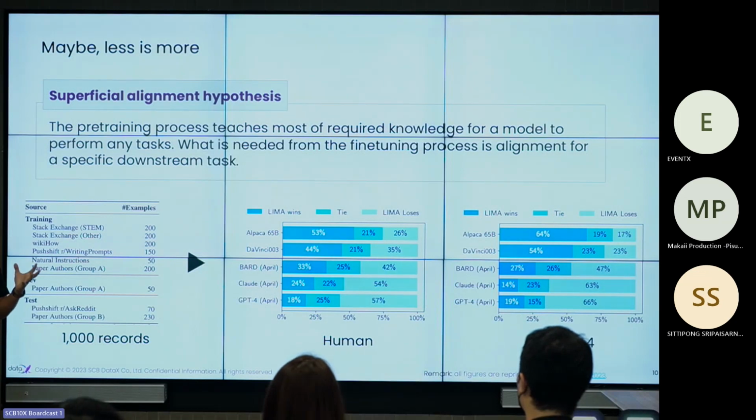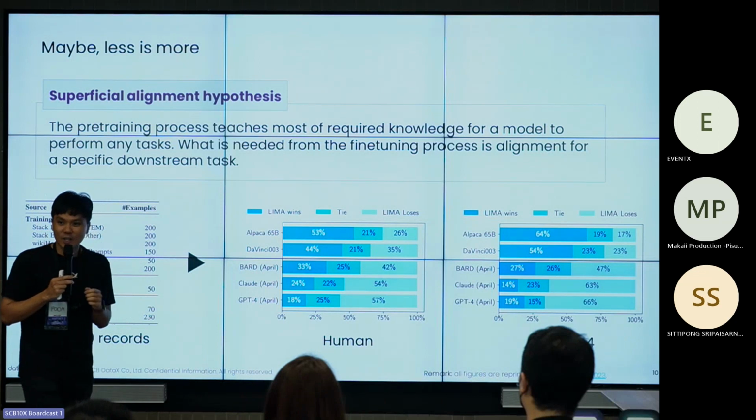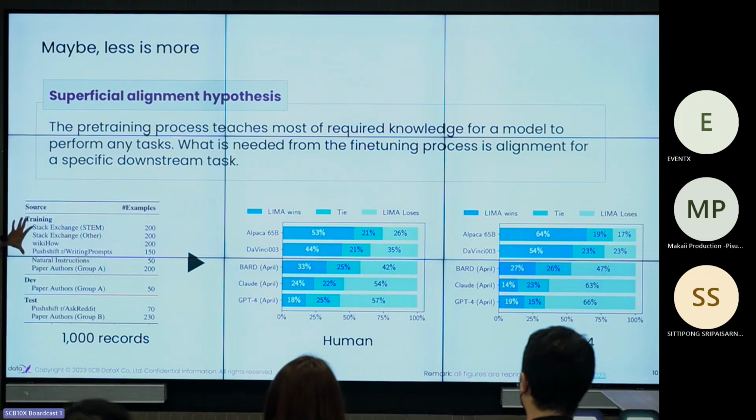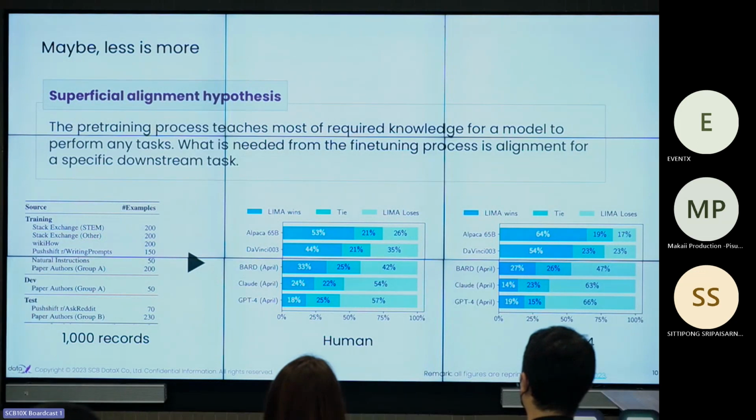What is left to do is some alignment, or fine-tuning a little bit, to add or remove some features from the pre-trained model to get the desirable outcome. That's the process of fine-tuning. So they tested the idea by using just 1,000 records in the training set to fine-tune a little bit further, meaning to train the pre-trained model a little bit using these 1,000 records.